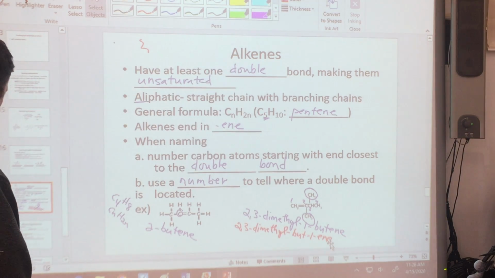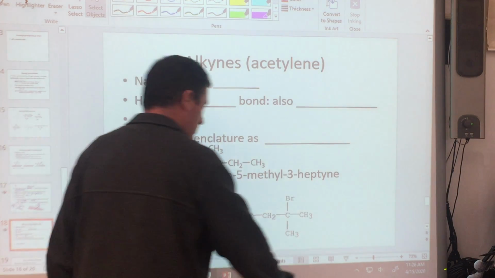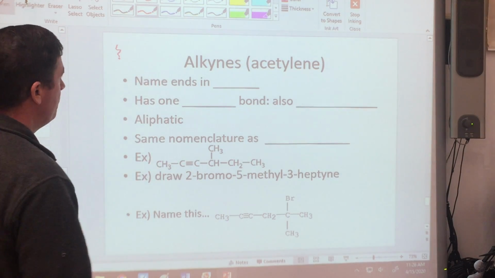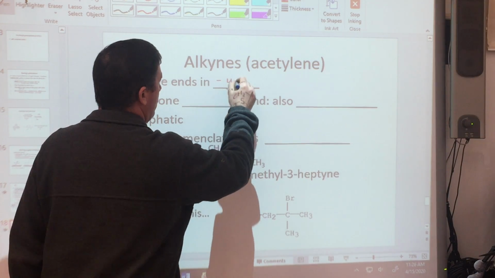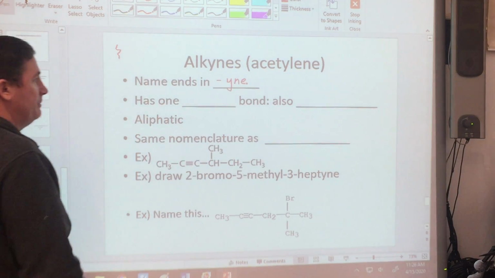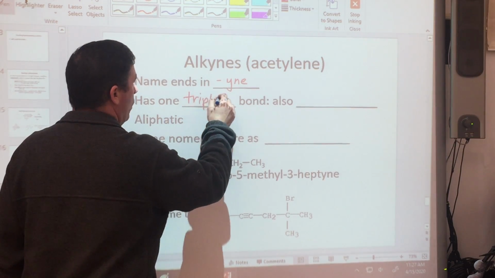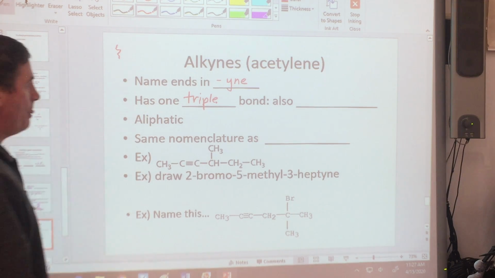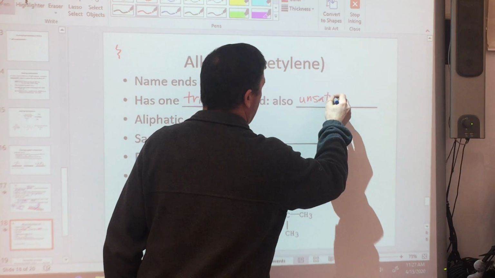All right, next one. Alkynes. All right. As you can see, the ending is going to be y-n-e, -yne. In this case, they will have at least 1 triple bond. Chances are you're going to have only 1 bond. And because they have a triple bond, they're also unsaturated.